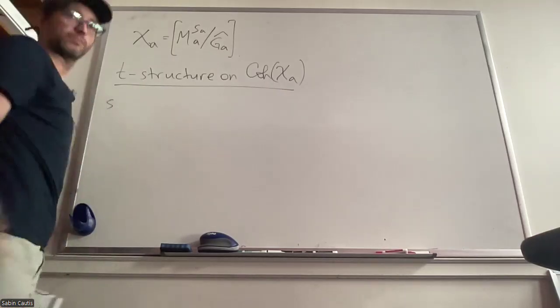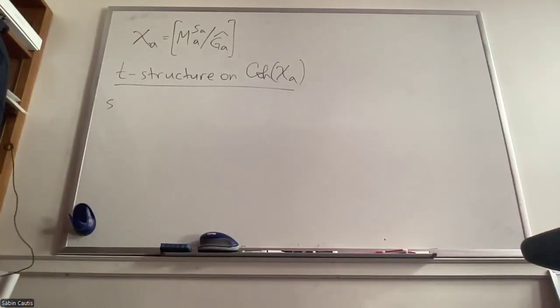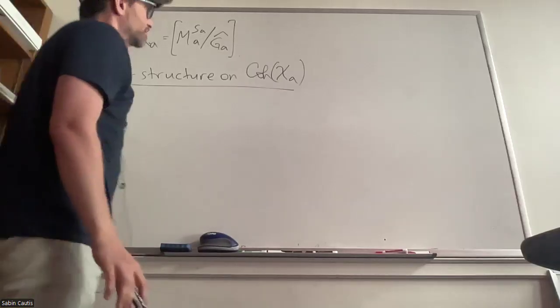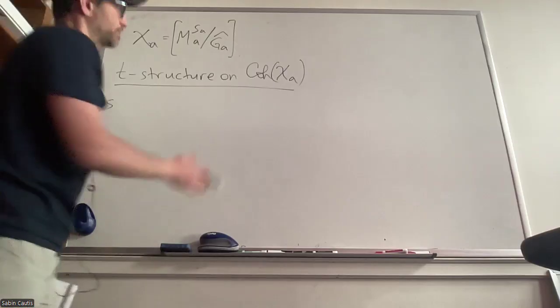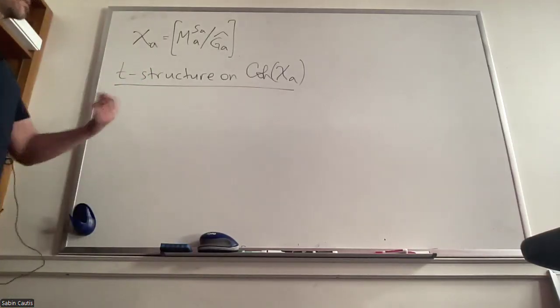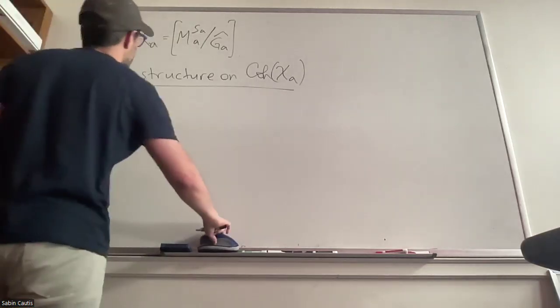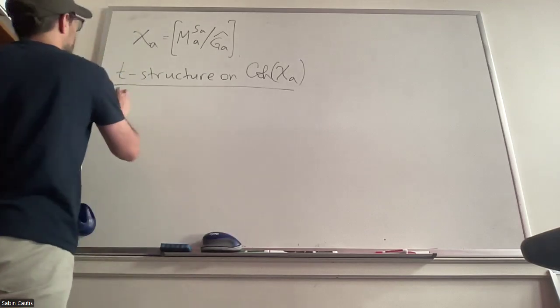Hold on. You should remind me what properties of the T structure you want, because otherwise Koch XA will be a T structure. Right. So there's the canonical T structure here, but we want a T structure such that the convolution product we defined last time is T exact.